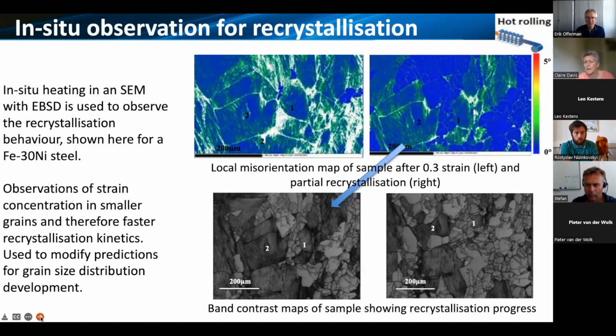The top left image here is showing basically the strain distribution, and what we've been able to illustrate is the variation in local strain based just on grain size. So smaller grains tend to accommodate a higher strain, so with a high dislocation density.